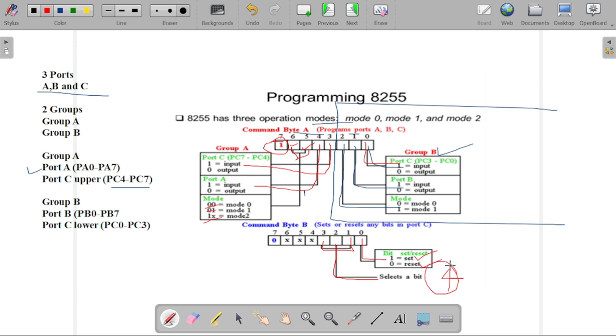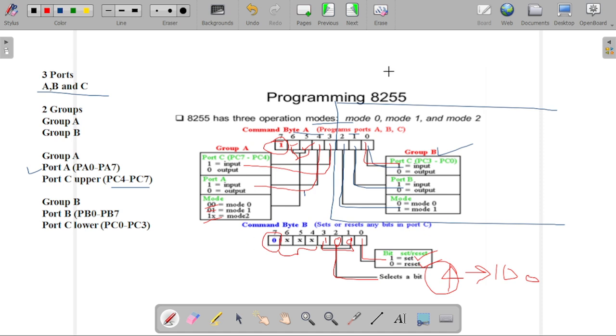The binary for 4 is 100, so we write 100 in the third, second and first bits. The remaining 3 bits, the 4th, 5th and 6th, are a not defined condition, also called a don't care condition. And the last bit, the 7th bit, is 0. That means your processor is working in the bit set and reset mode of operation.